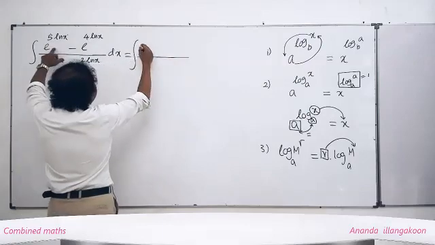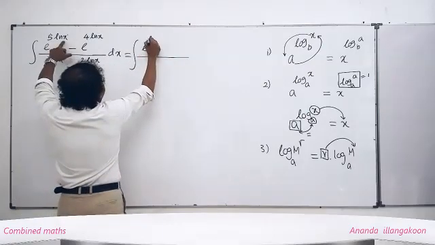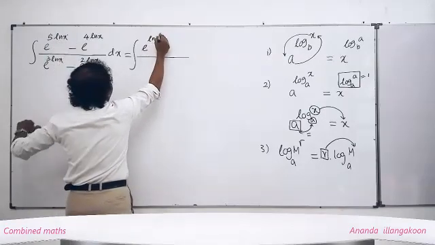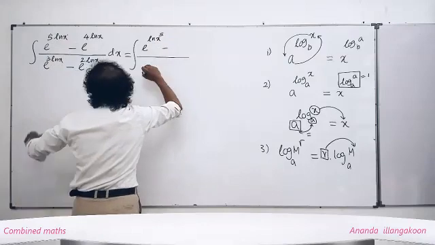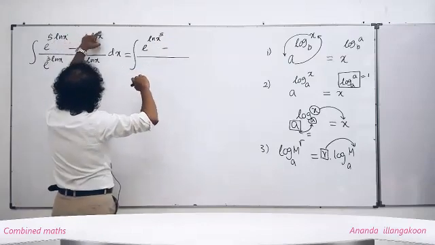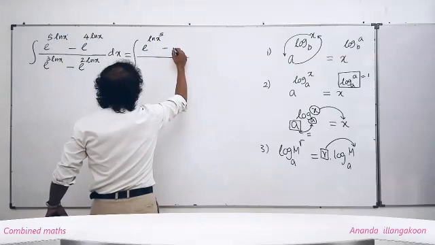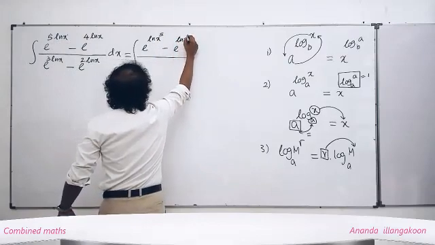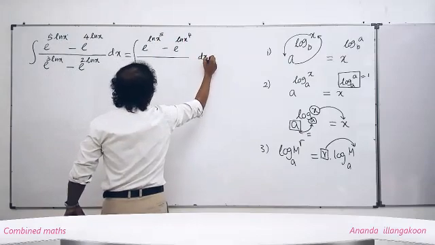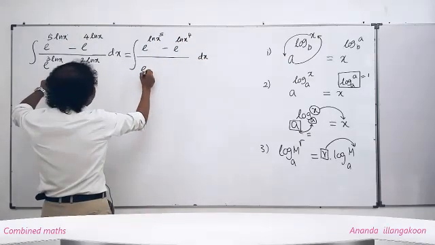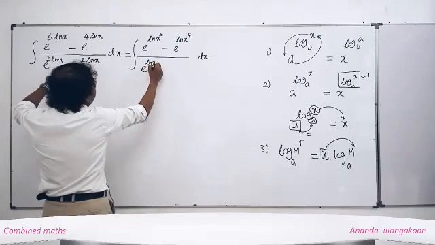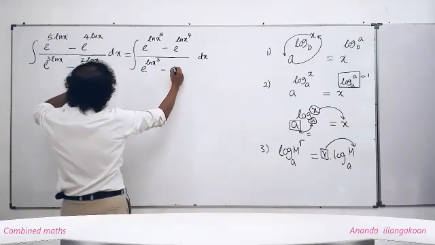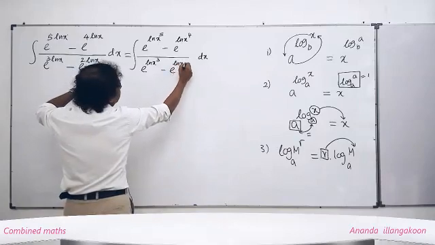You can write this as e to the power 5 ln x here. This 5 coming here means x to the power 5, minus. Taking this 5 we are here. And similarly, this 4 we are here, we can take e to the power 4 ln x. And here e to the power 3 ln x, minus e to the power 2 ln x.